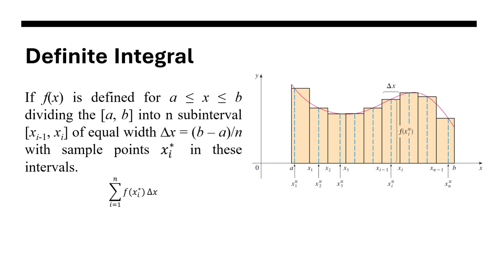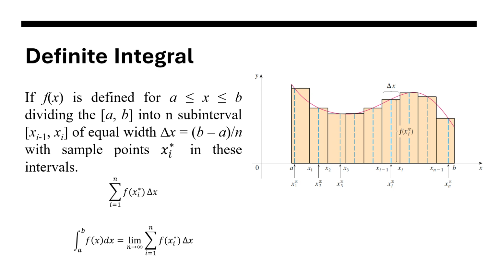So you have here the definite integral of f of x dx from a to b, which is equal to the limit of the summation of f of x sub i star delta x from 1 to n as n approaches infinity. As you can see in this illustration, we have the areas under the curve.